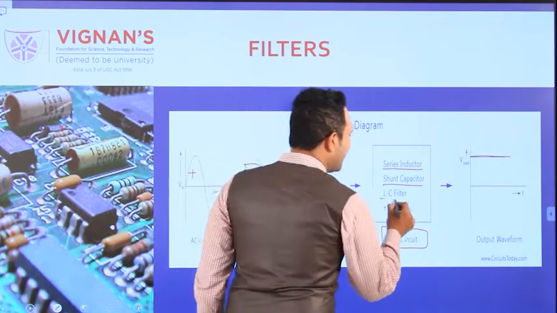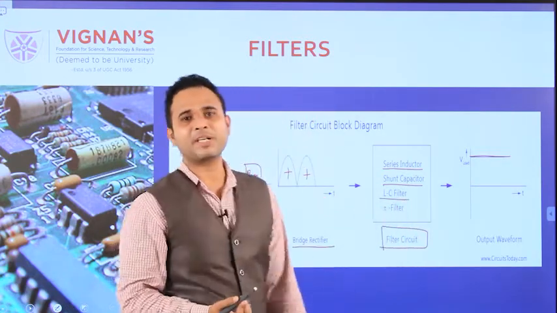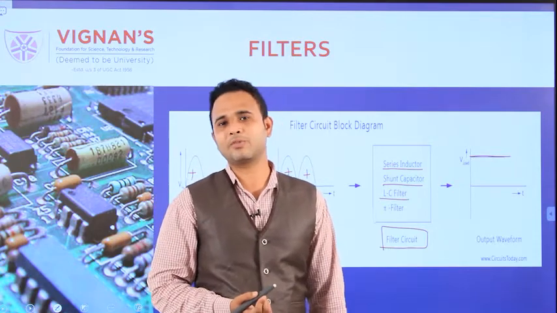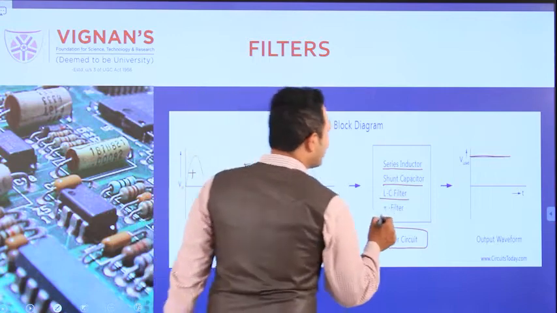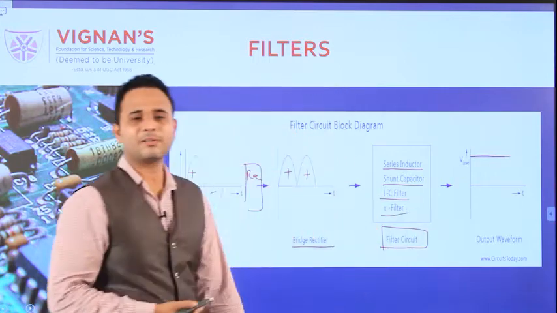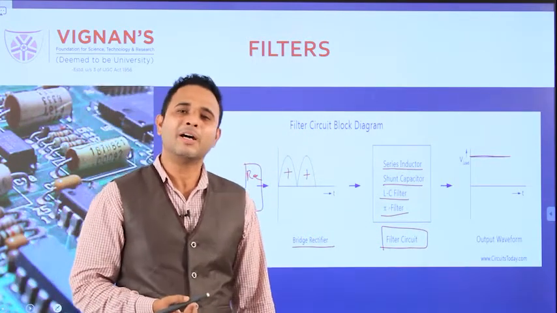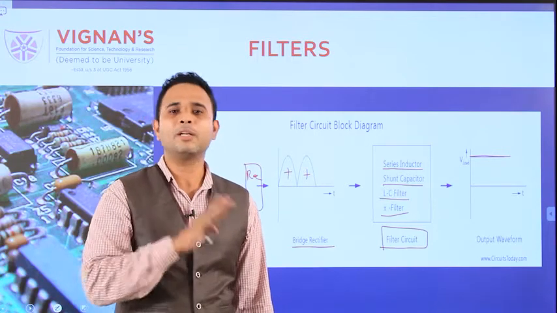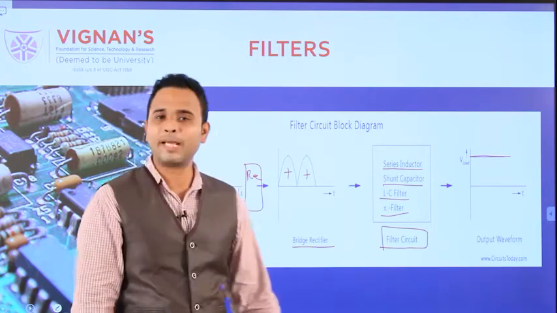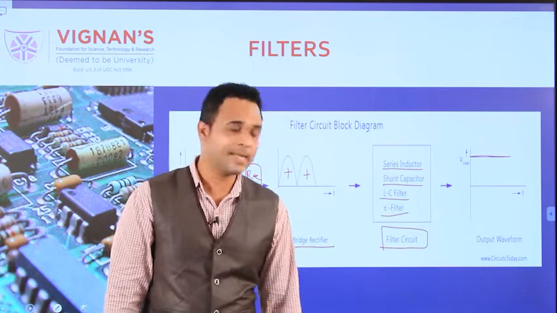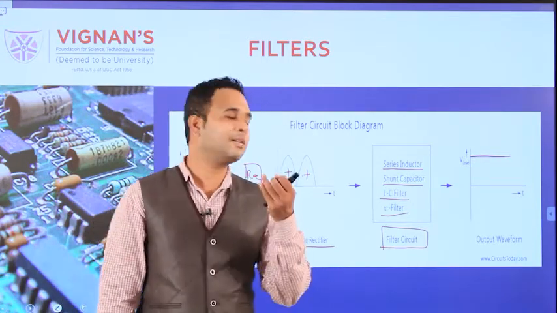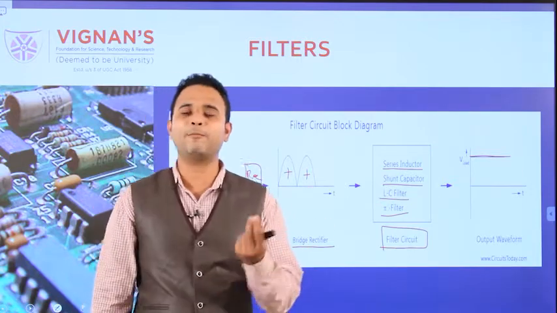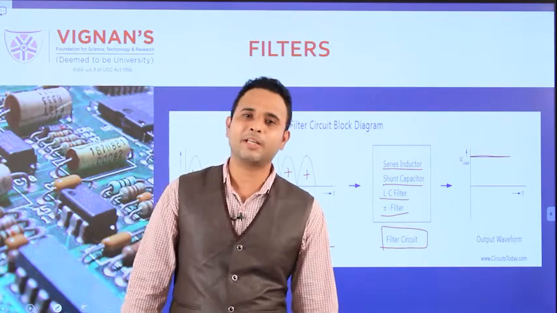The next one is the LC filter, where L stands for inductor and C stands for capacitor, and the last one is the pi filter. So the four types are: first the series inductor filter, second the shunt capacitor filter, third the LC filter, and fourth the pi filter.